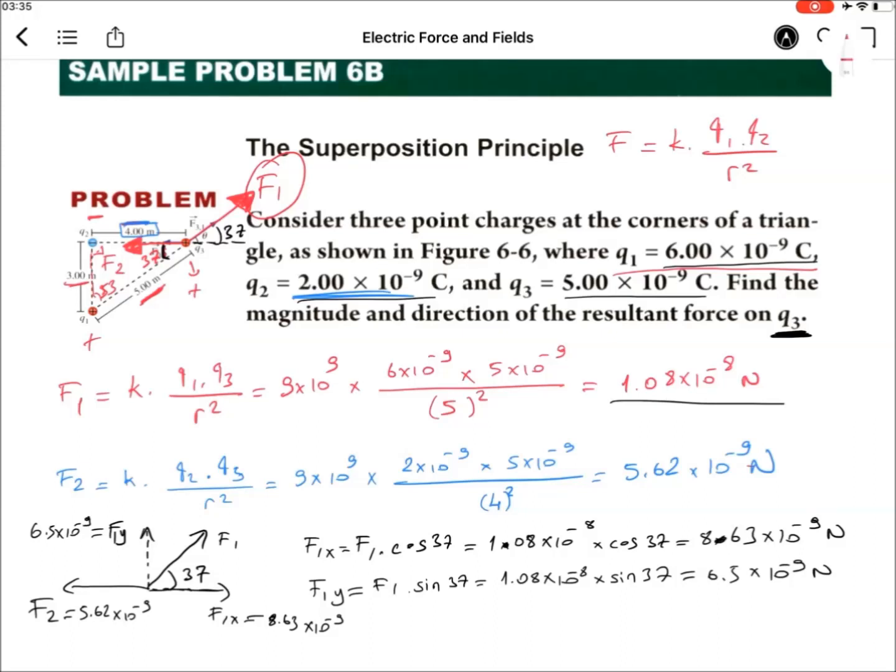So F1x is greater than F2, so we will subtract them. When we subtract them, we will obtain this in this direction, and there will be F1y in the up direction. So it is 6.5 times 10 to negative 9. And when we subtract these two, there will be 3.